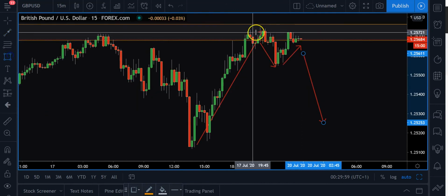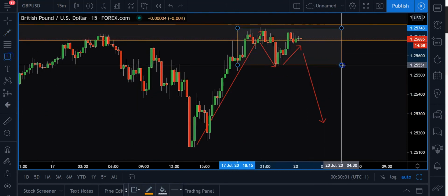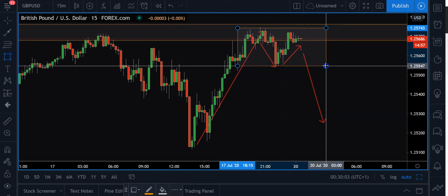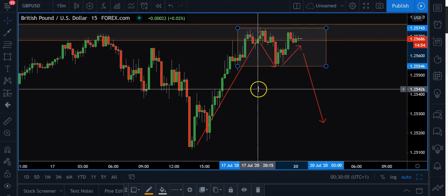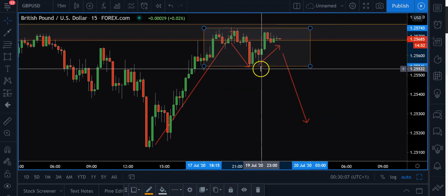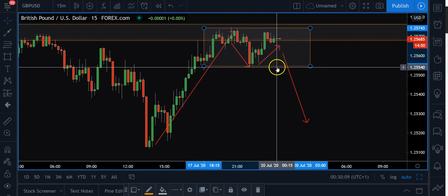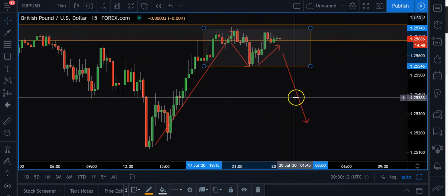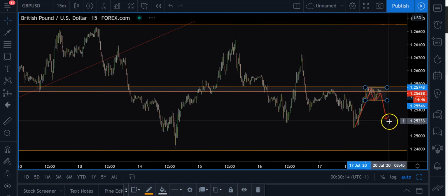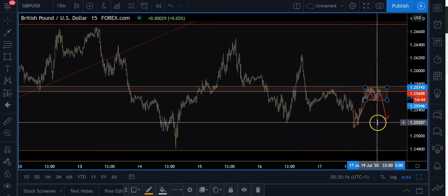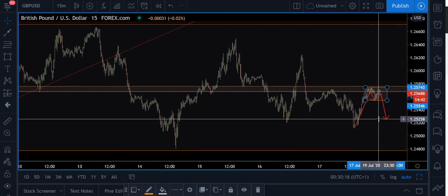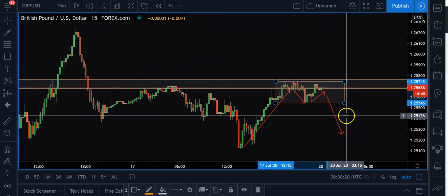If it crosses, right now what we can do is make a nice little box, box it in right here. If it crosses down here, we can guarantee that it'll at least test around the 25,300, 25,200 zone.